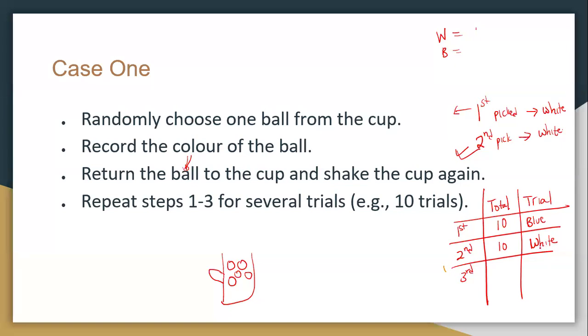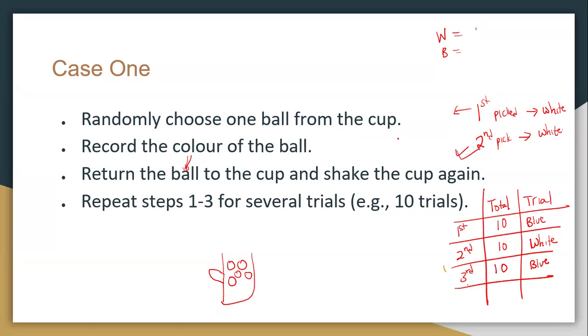Then after picking, you place it back. Make sure you check your cup such that they can mix well. Go on. Pick again. Remember you have returned, so they are 10. I've now picked a blue.